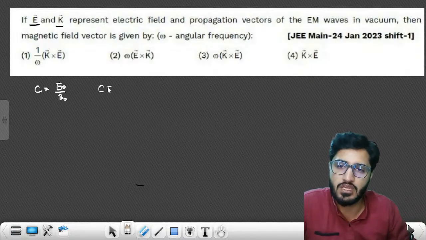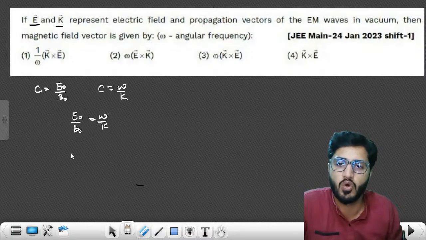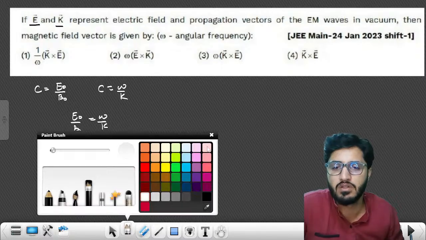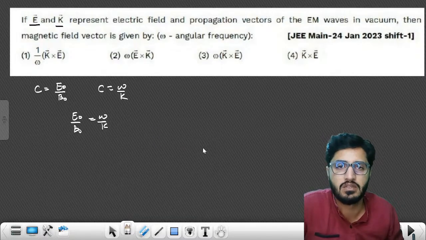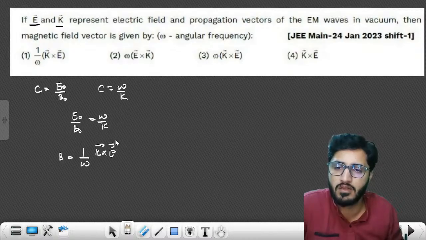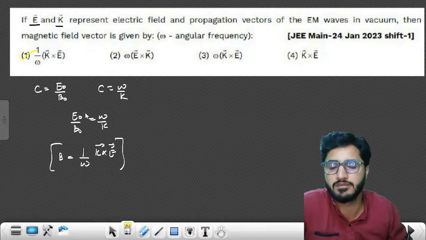And one more thing, C equals omega by K. So E naught by B naught equals omega by K. We don't need to find omega. What do we need to find? We have to find B. So B is equal to 1 divided by omega times K cross E. So only one option provides this one, and that is option number E.